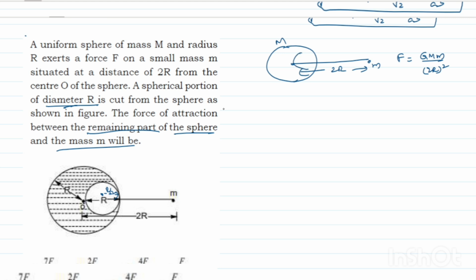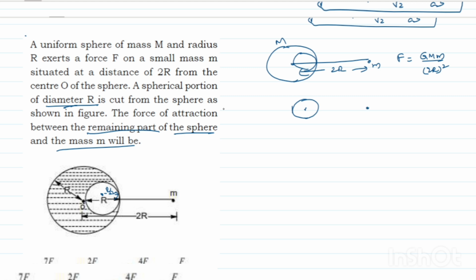Here I am just taking this mass which is being removed. So this is the removed mass, students, and the removed mass diameter is given as R.